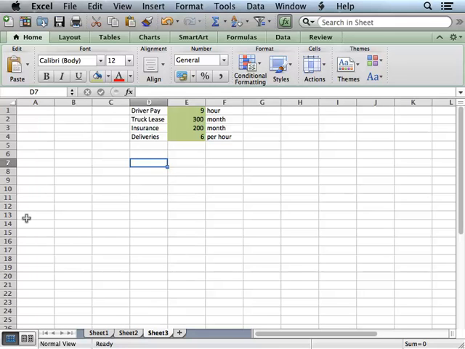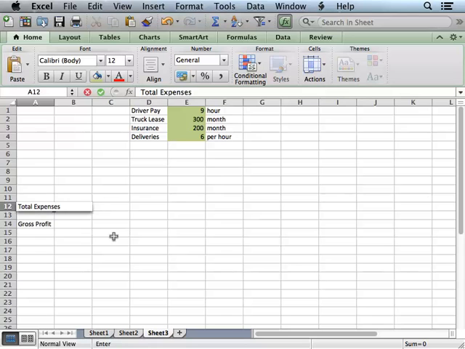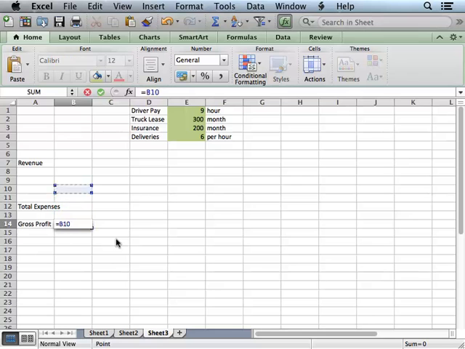So in working backwards on an income statement, we have gross profit. And gross profit is equal to total expenses subtracted from, and on this particular model, we don't have cost of goods sold, so we'll just say from revenue. So gross profit is equal to revenue minus total expenses.